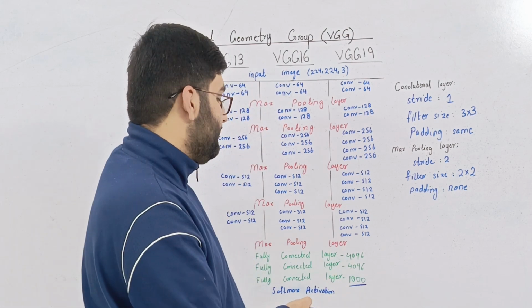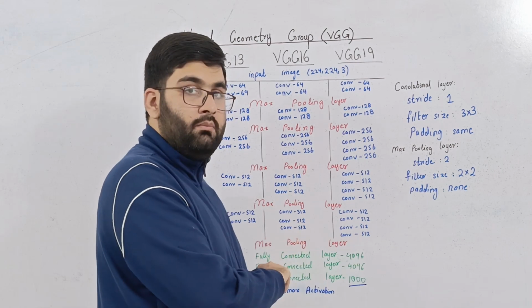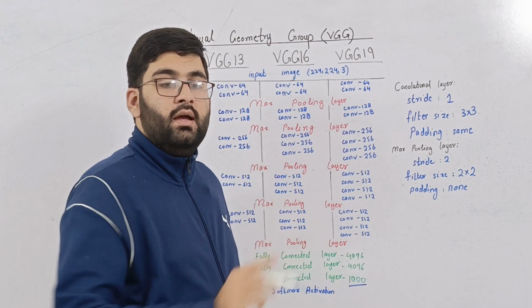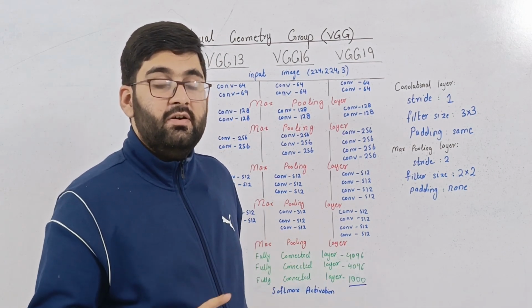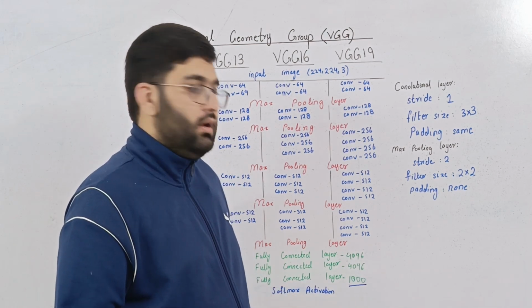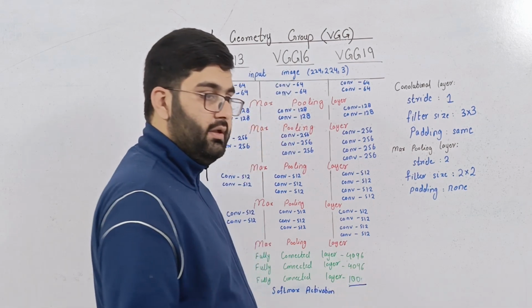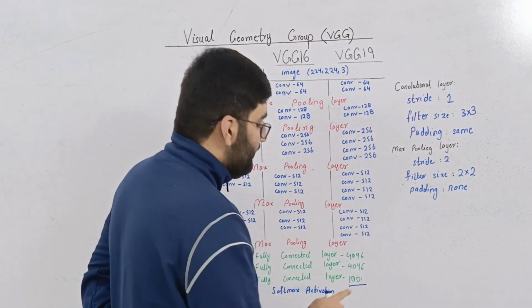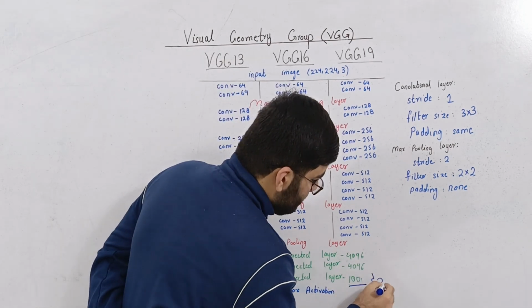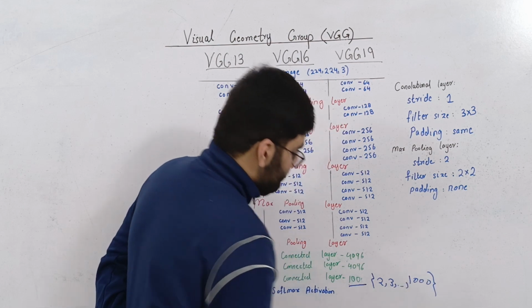This number is important. It means that our model, the VGG, can classify our data into 1000 different classes. We can use a custom number here such as 100 if in our domain we have only 100 classes, or any number in the range of 1000 depending upon our need.